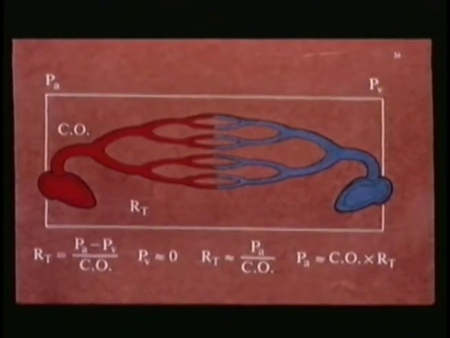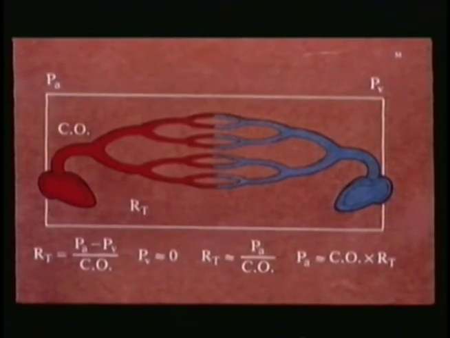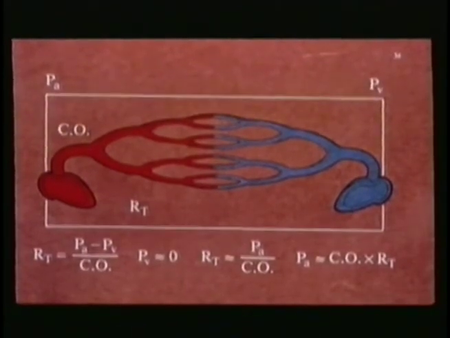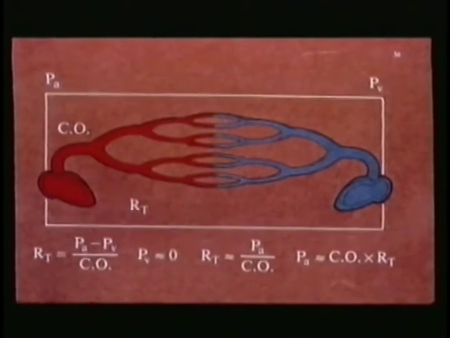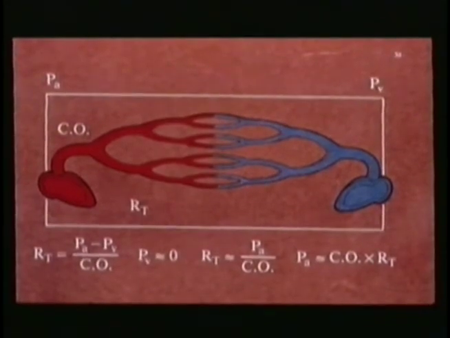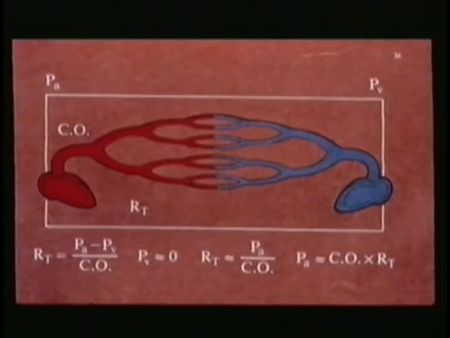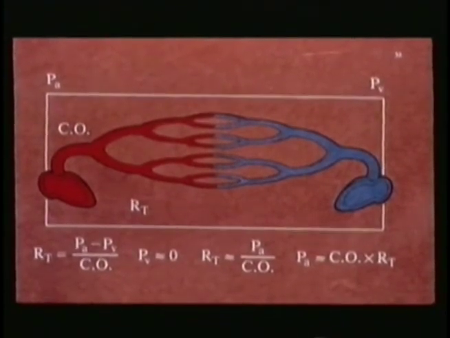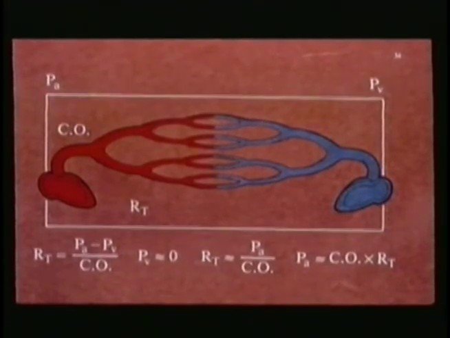When calculating the total peripheral resistance, the right atrial pressure may be neglected, since it is normally close to zero. This results in the simple statement that total peripheral resistance is approximately equal to the ratio of arterial pressure to cardiac output. Therefore, as an approximation, the arterial pressure is equal to the product of cardiac output and total peripheral resistance.